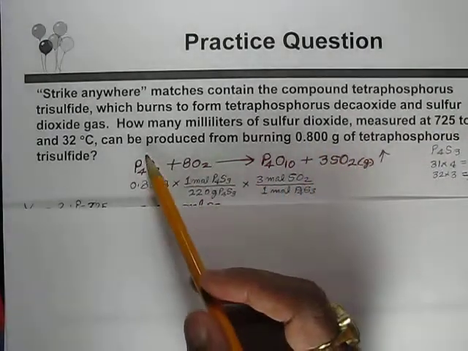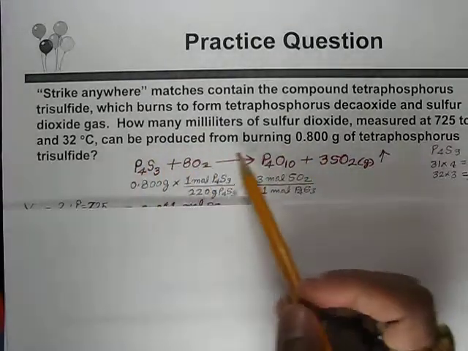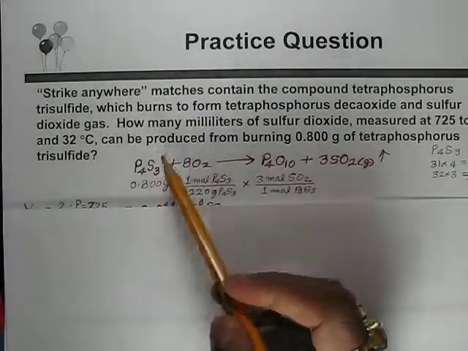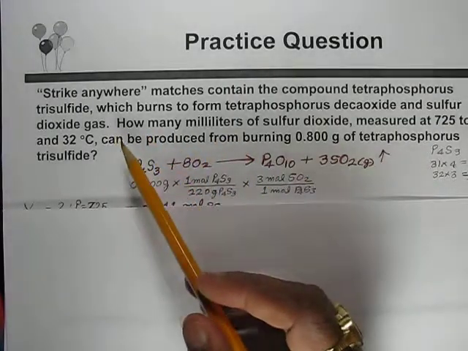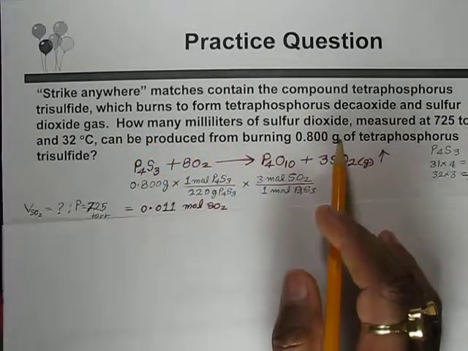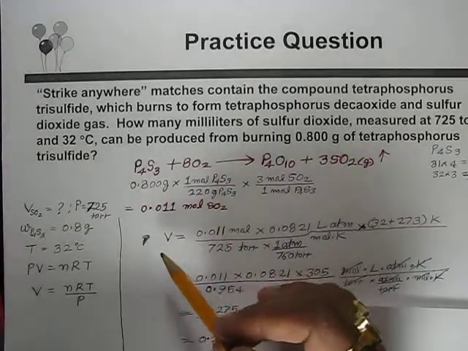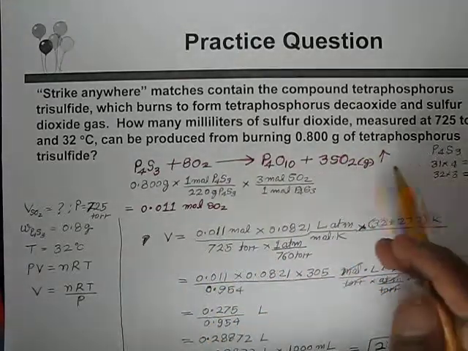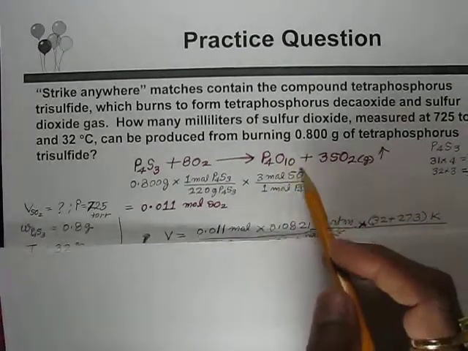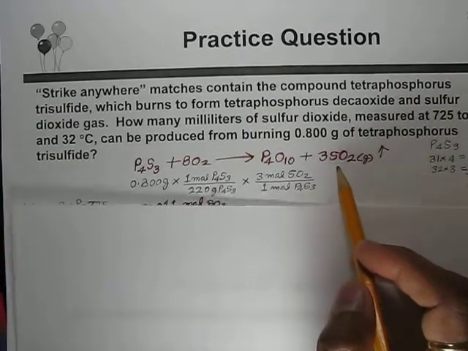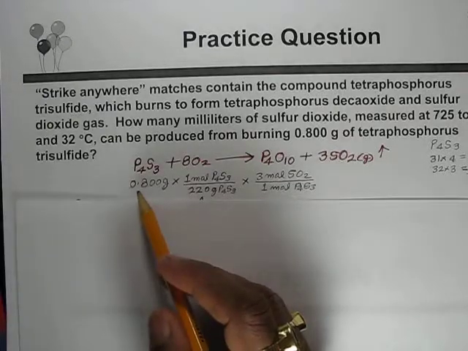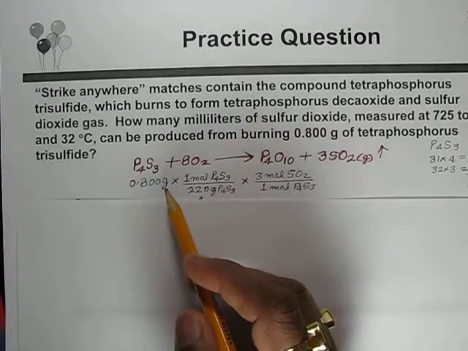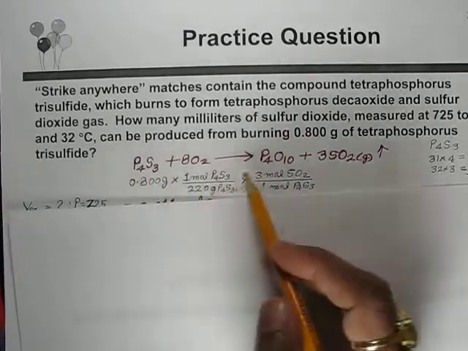We are looking at these two only because we have to calculate the volume in milliliters of sulfur dioxide gas released when 0.8 gram of tetraphosphorus trisulfide burns.